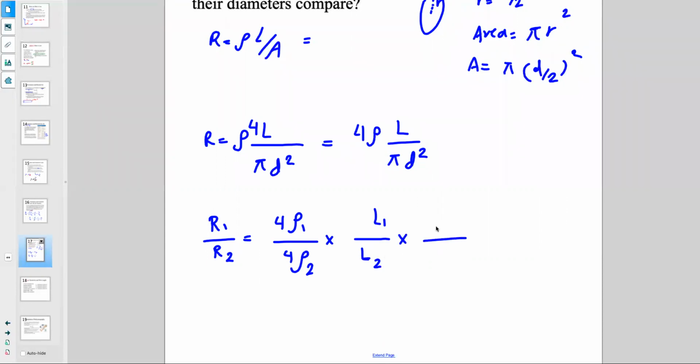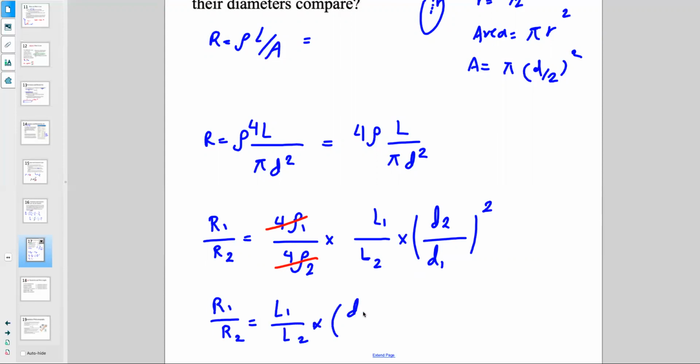So you'll have D2 over D1 to the power of 2. Now, they're the same metal, the composition will be the same, so this will cancel out. So you are left with R1 over R2 being equal to L1 over L2 times D2 over D1 squared.